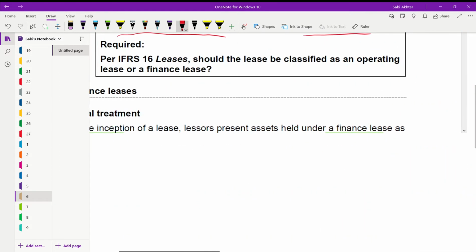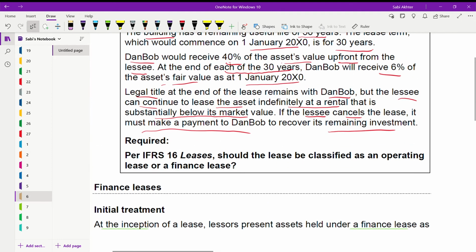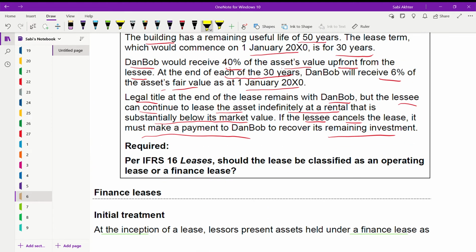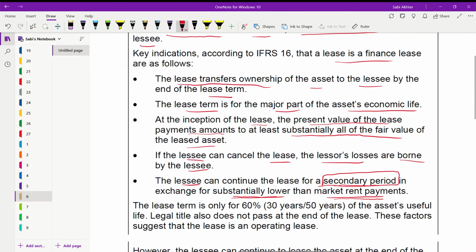If you see here, they have mentioned, let me highlight it: the lessee can continue to lease the asset at a rent that is substantially below its market value. So this is the point they are making. And also if they cancel, they have to make the payment to the Danbob. That means the lessee is the one who is having the risk. So all these points are from the case study only, they are linking.